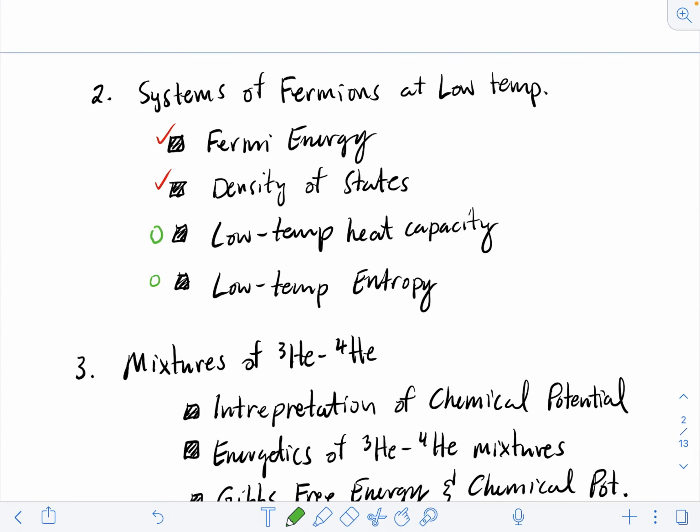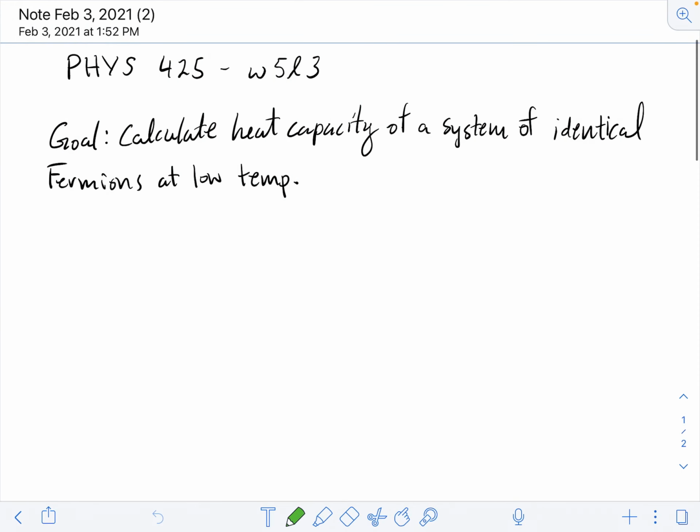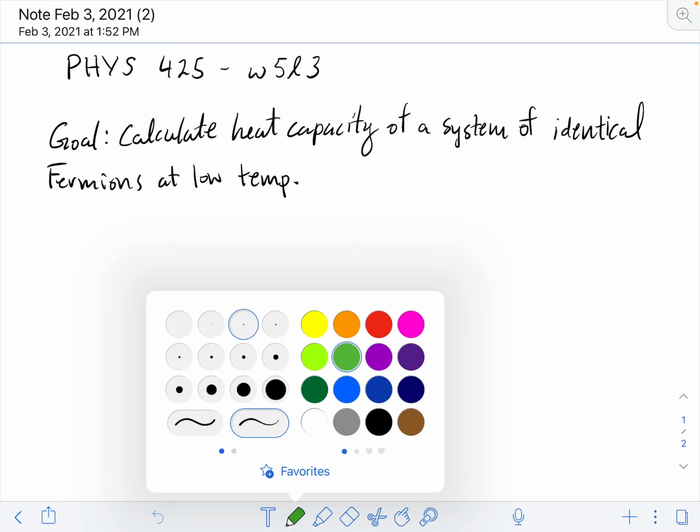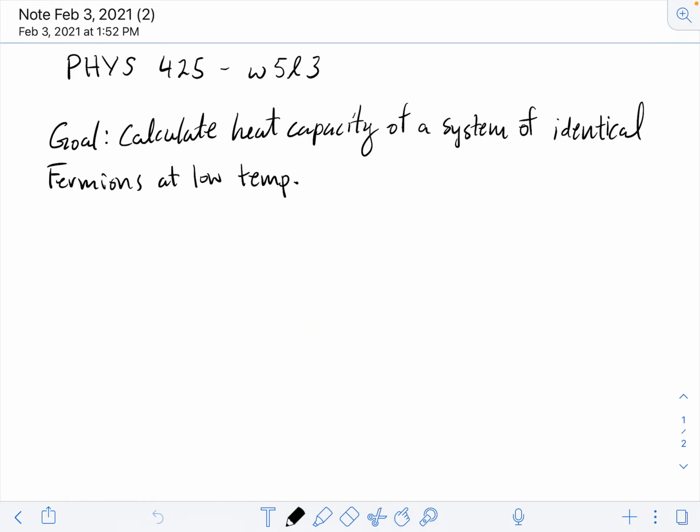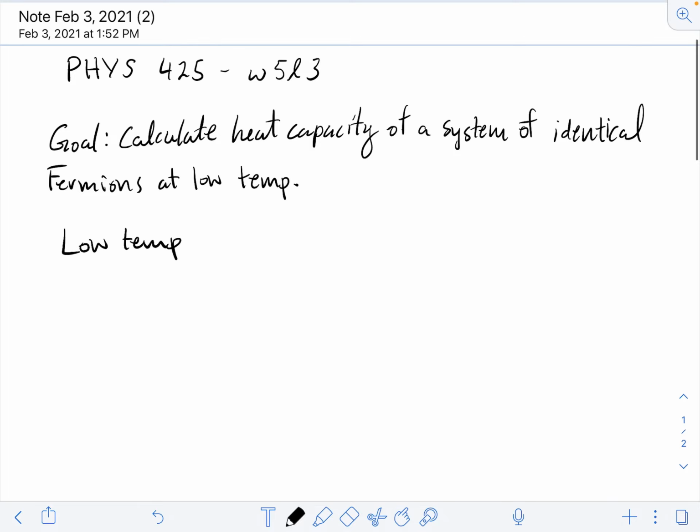So if we go back here, this is what our goal is, to calculate the heat capacity of a system of identical fermions at low temperatures. And what we mean by low temperature in this context is that the system temperature is much less than the Fermi temperature.